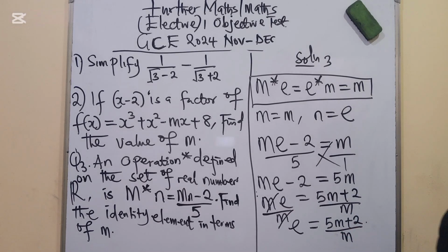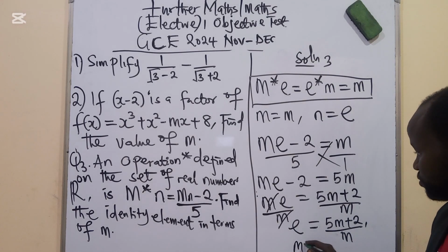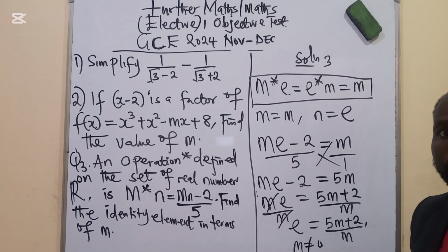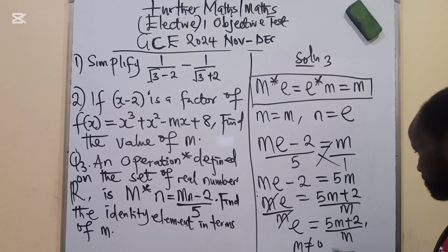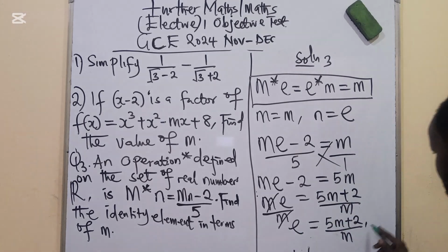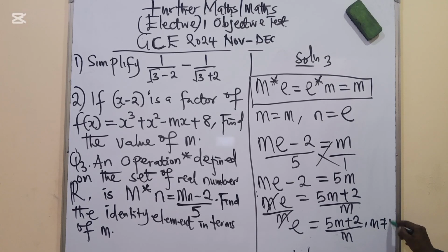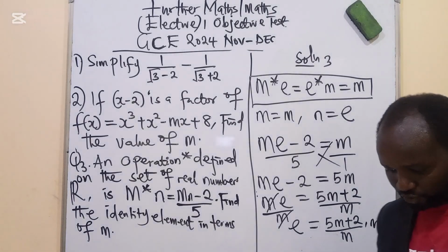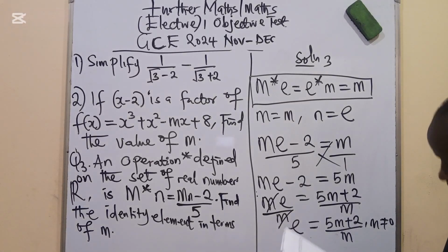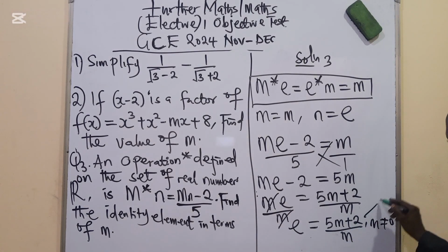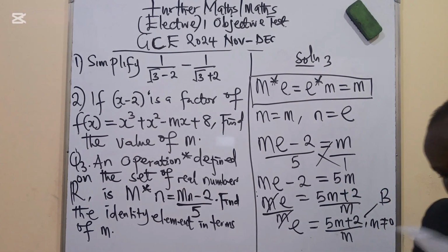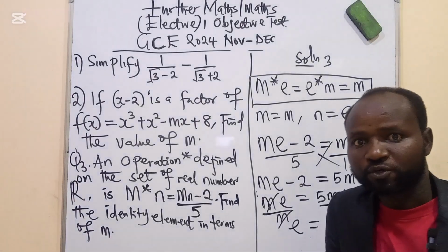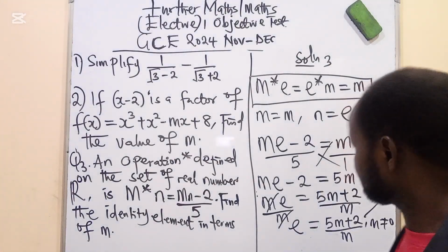So this will be the solution, and at this point m must not be equal to 0, otherwise it will render this undefined. Let me write it here, given that m is not equal to 0. Very important. So this will be the solution, which is option B. The correct option is option B to question 3. Very important. Let's make progress.